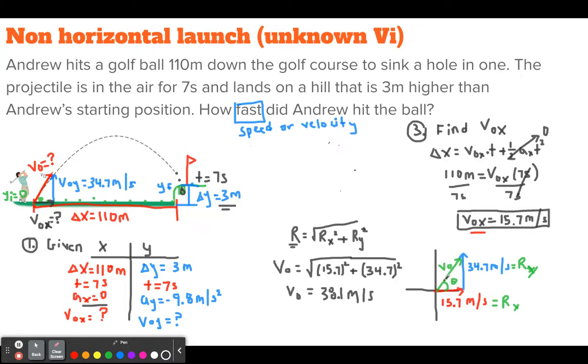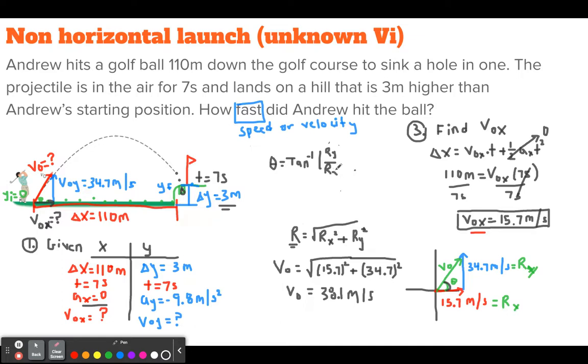So theta is measured in between our vector and the x-axis. So to find theta, we're going to use the inverse tangent. Tangent. So we're going to head to our opposite side, which is the y component, over the adjacent side, which is our x component.